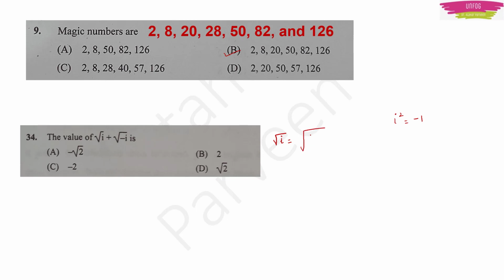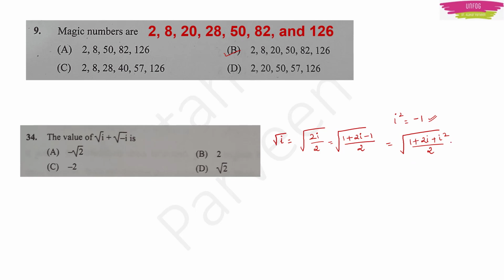Here, multiply and divide this i by 2, and then add and subtract 1 in the numerator: 1 plus 2i minus 1 by 2. Now we know that i square is minus 1, right? So I will write here 1 plus 2i plus i square divided by 2. It is right, isn't it?